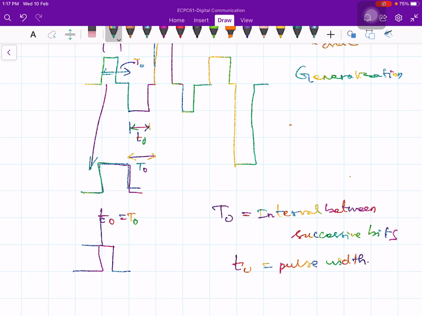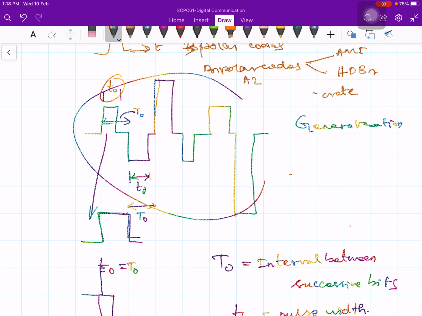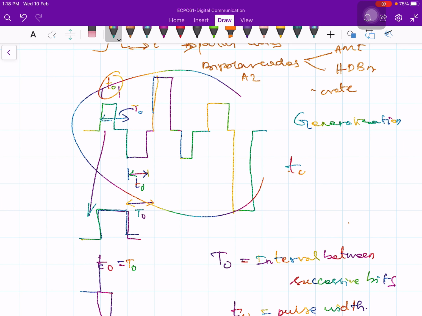This is a generalization of the pulse train, where even the pulse width small t naught may not be equal to capital T naught. It will be less than capital T naught. This is the general situation I am considering here.